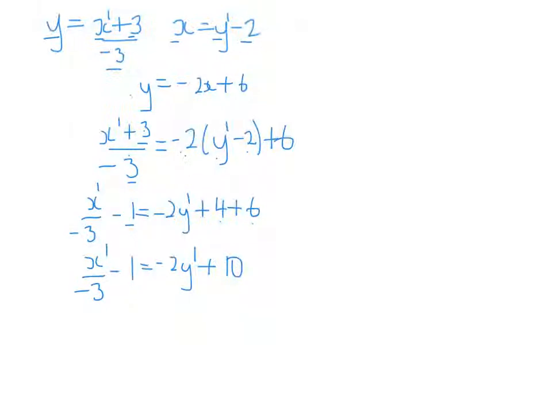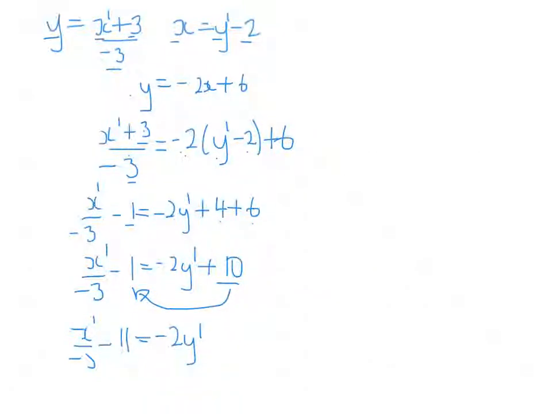Now I'll take that 10 across to the other side, so I get x dashed over -3, minus 11, is equal to -2 times new y.